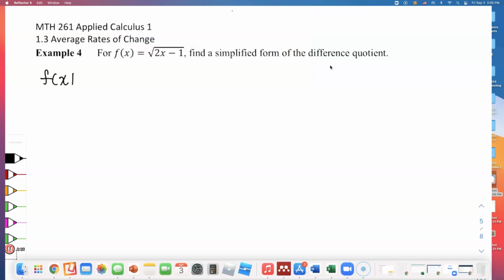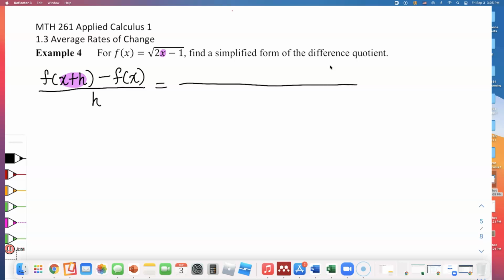f of x plus h minus f of x, all divided by h. Let me substitute x plus h into this function. So I will have the numerator start with the gigantic square root.